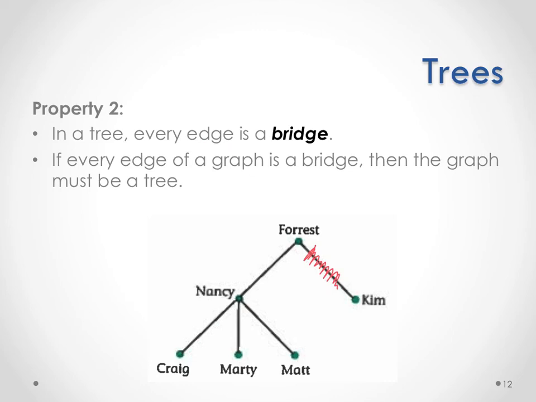If I erase that particular link, Kim will be by himself an isolated node, and so therefore this is a bridge. But the unique property of trees is the fact that there are no circuits, and because there are no circuits, you know that every single edge or every single link is a bridge. So that's property 2.